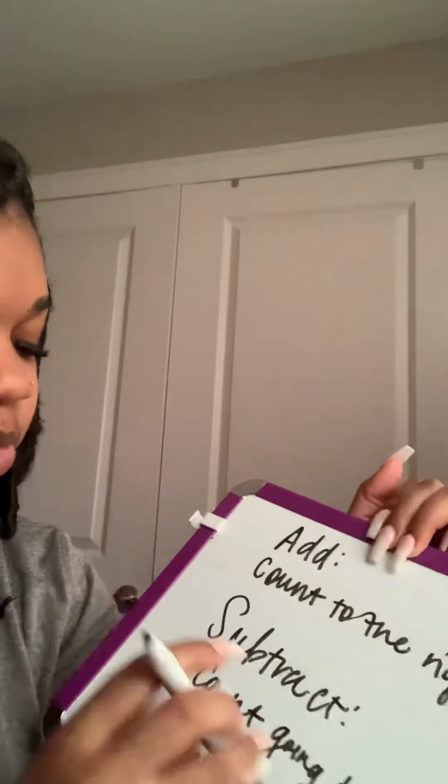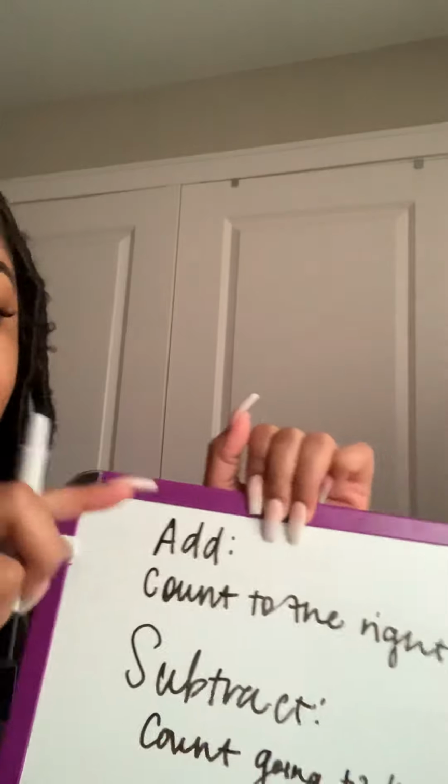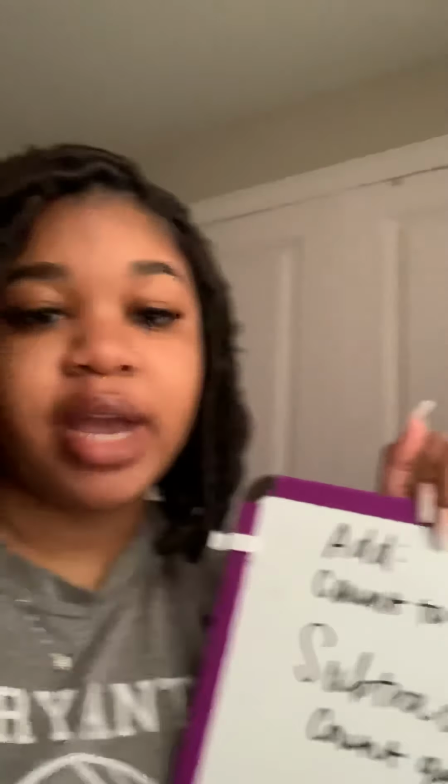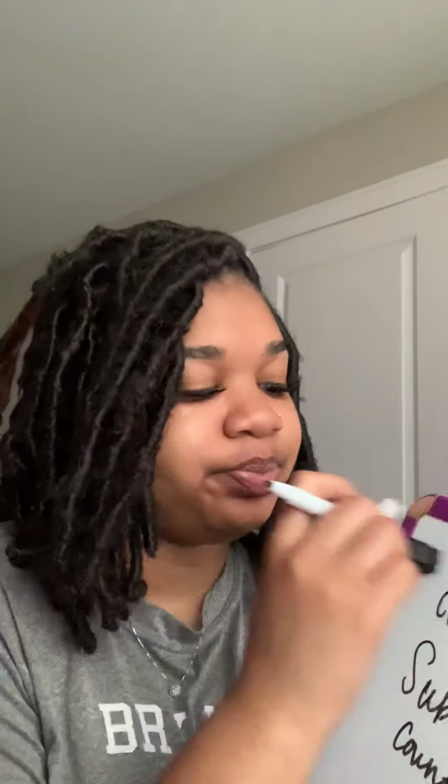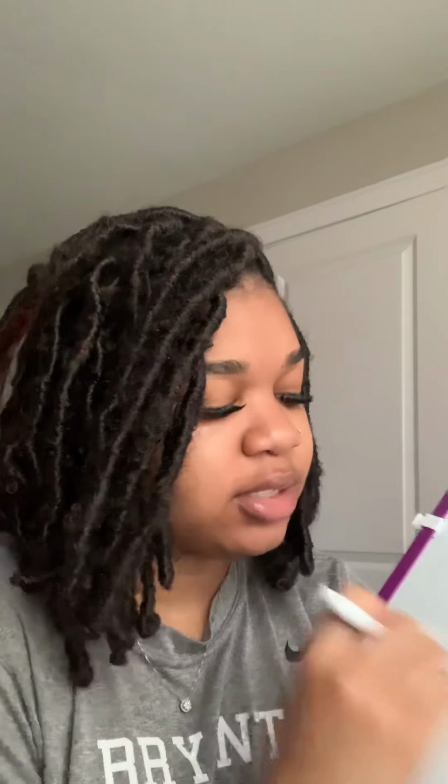Okay, and this is just because when you add, you're adding on numbers, and when you're subtracting, you're taking numbers away. So the only way to take numbers away is when you count backwards. And I'm going to show you that in just a minute, and go through that system one more time with you, just to make sure I covered everything in depth.